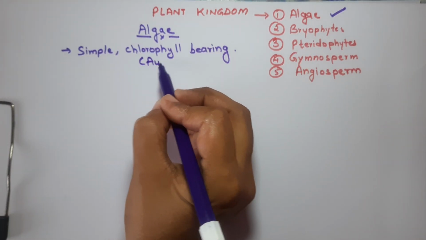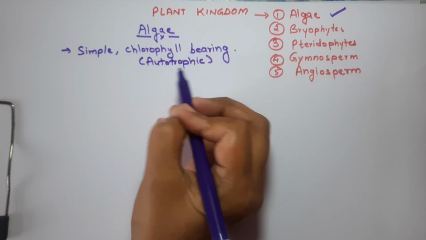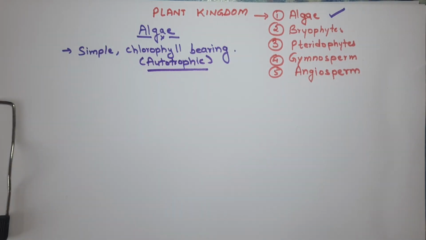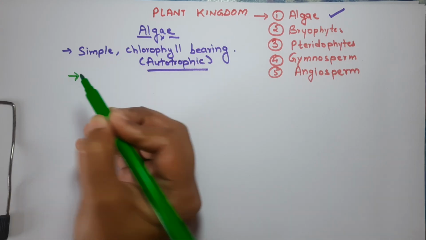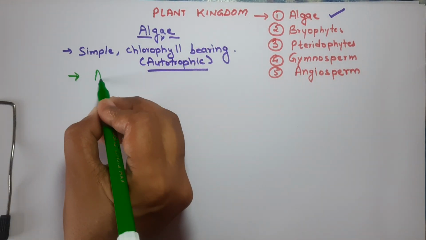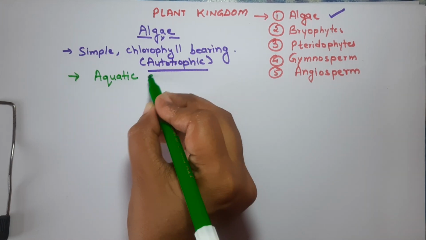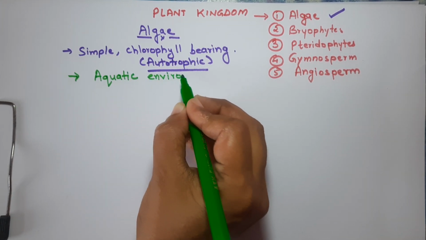They can synthesize their own food. The organisms that synthesize their own food are known as autotrophic. Where can we find algae? We can find it in the aquatic environment or the moist areas. It is found mainly in the aquatic environment.